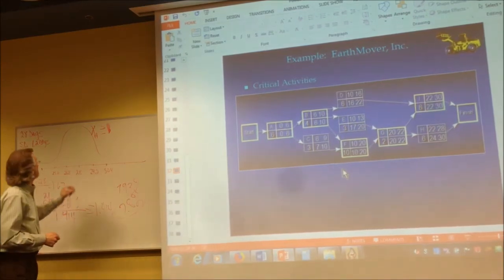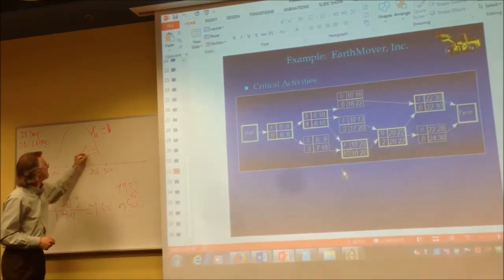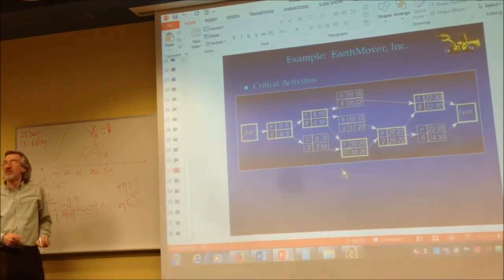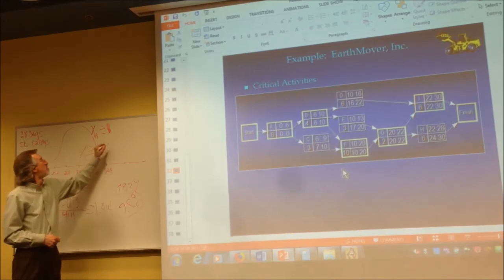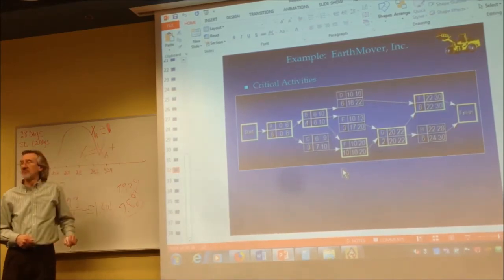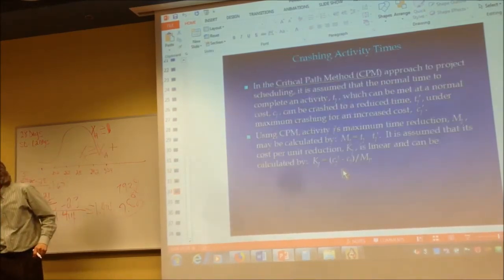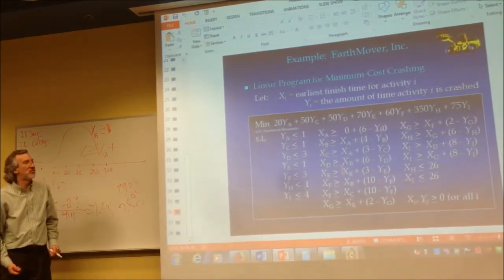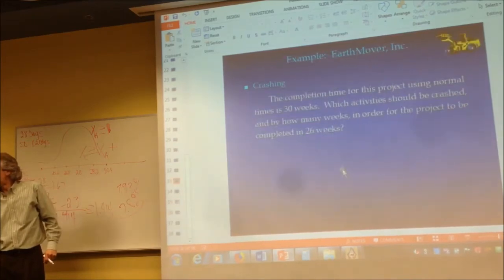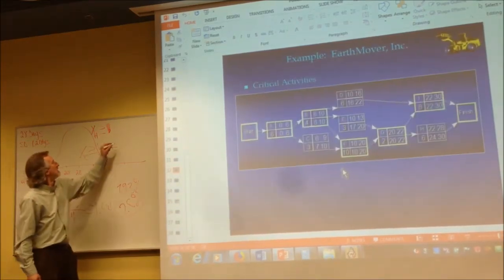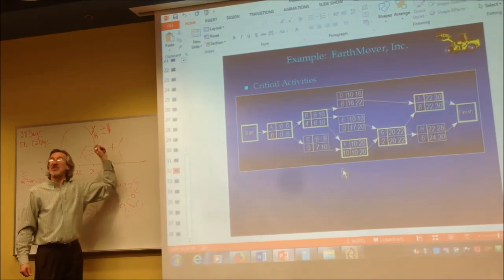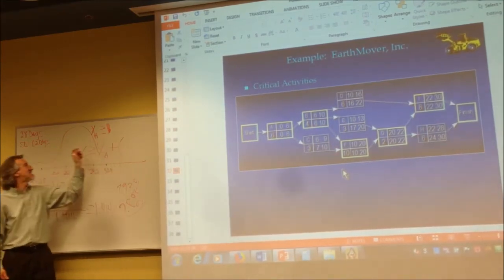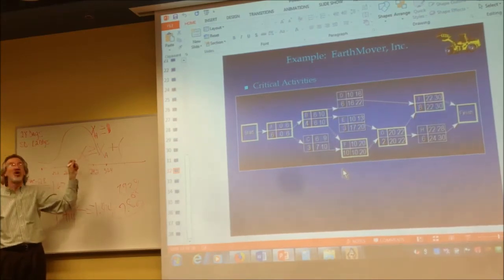So if I were looking at C, x sub C greater than or equal to x sub what precedes C? A. Plus, it's been a long time. Is it really plus? Yes. Plus, parentheses, the normal amount of units of time that activity C, that we're writing this for, is supposed to take.